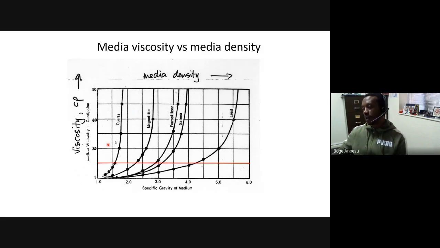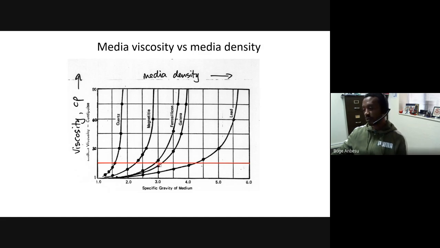So of those particles that you could use to make up a media, I told you earlier that you could use any of these to make up a media for dense media separation. The denser the particles you use, for example, if you look at lead or galena or ferrosilicon, you actually need only a small amount of those particles to be added into, for example, water to make up the media.